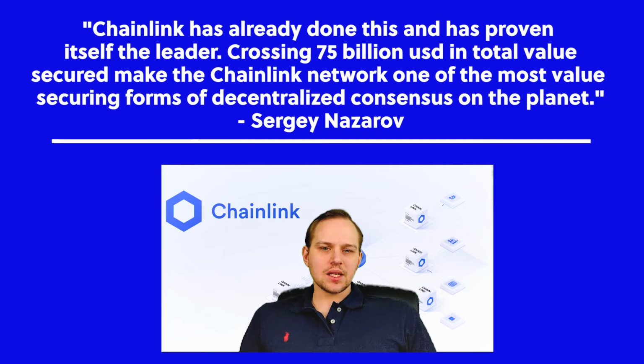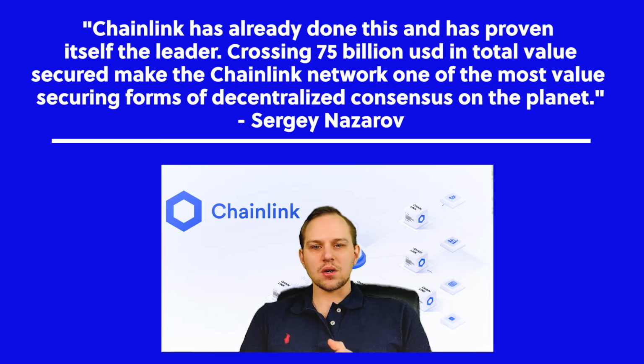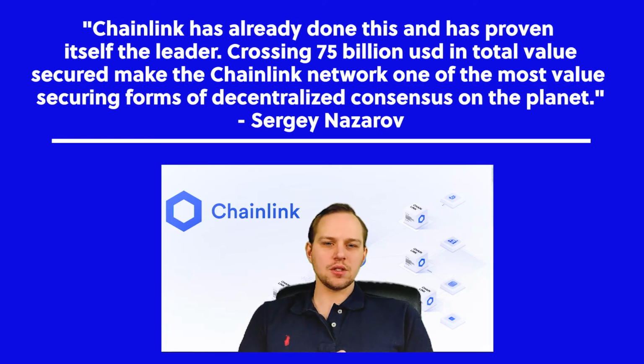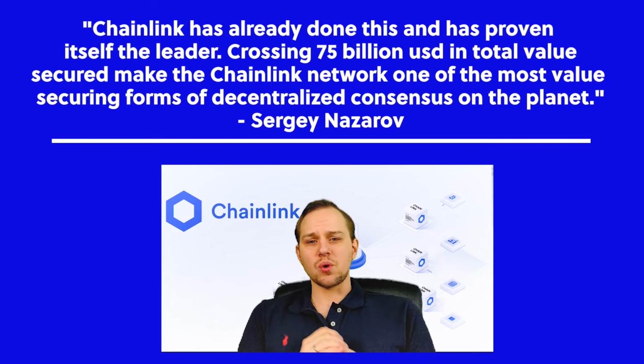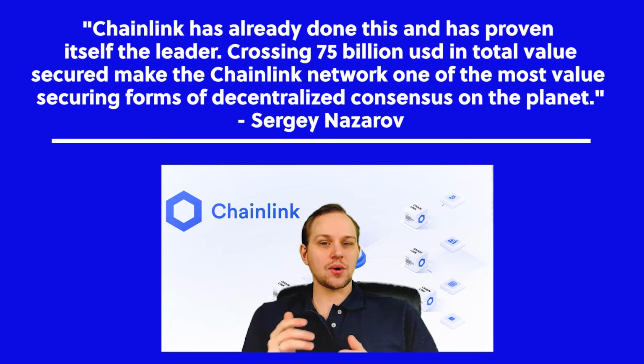Sergey Nazarov's word is the following for this: Chainlink has already done this and has proven itself the leader, crossing $75 billion in total value secured, giving the Chainlink network one of the most value-securing forms of decentralized consensus on this planet.